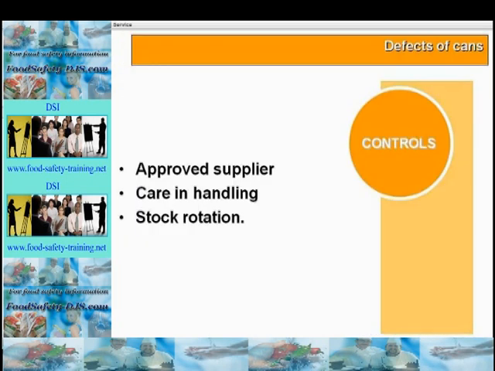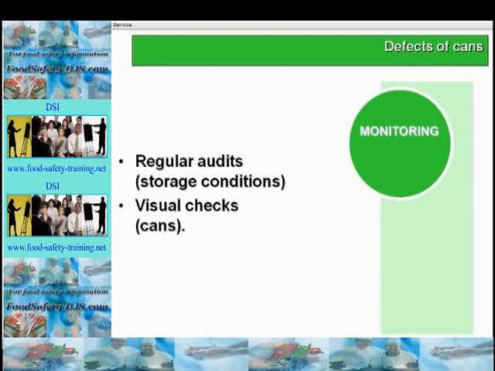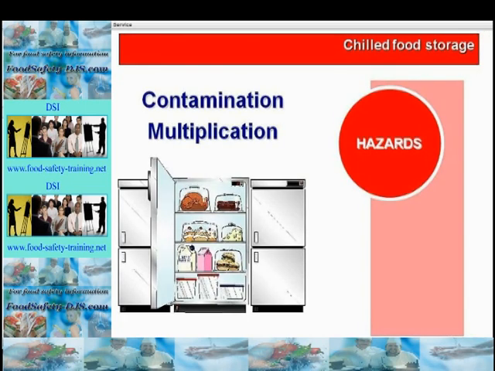The controls here would be to use an approved and reputable supplier, care in handling and good stock rotation. Monitoring would include regular audits of the storage conditions and visual checks on the cans themselves.